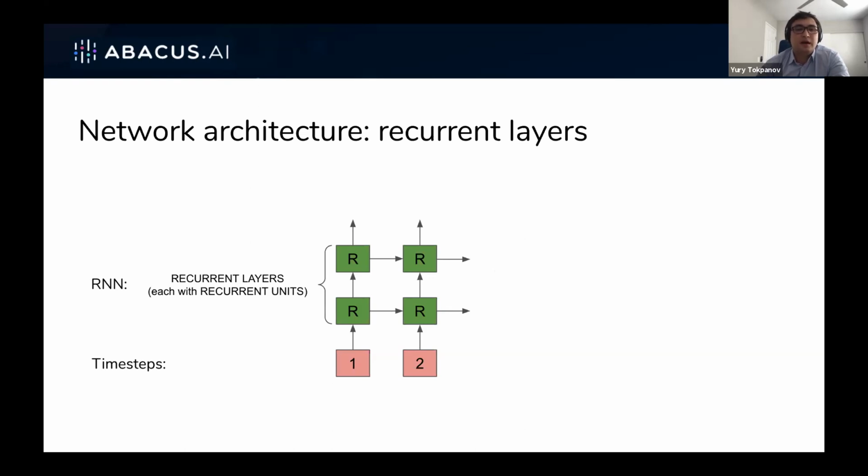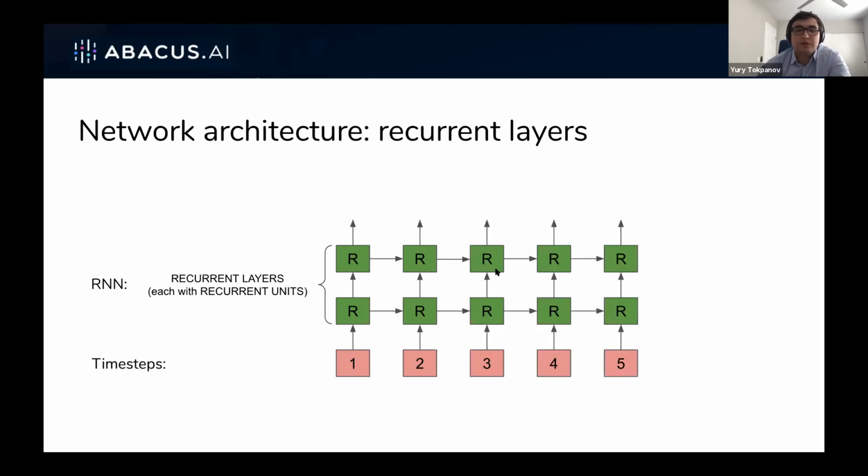Our network is based on so-called LSTM layers, which is long short-term memory layers. These layers are specifically designed to have some mechanisms of memory and of controlling the passing of information as we process different timestamps. We repeat this process until we reach the end of the time series.